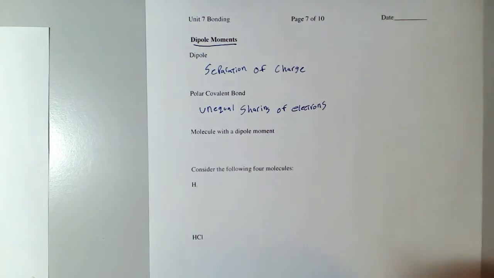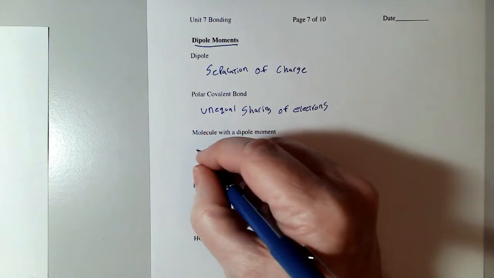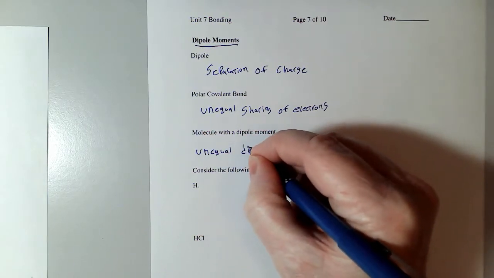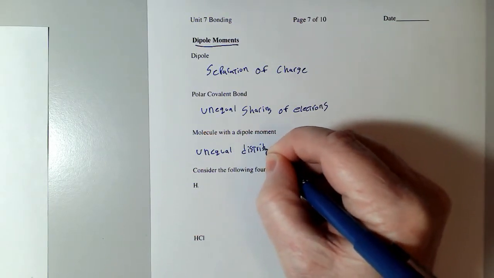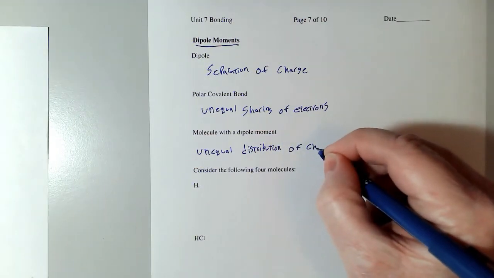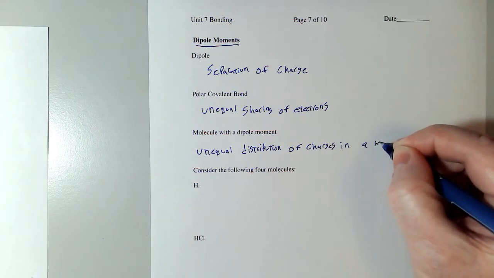A molecule with a dipole moment is an unequal distribution of charges in a molecule.